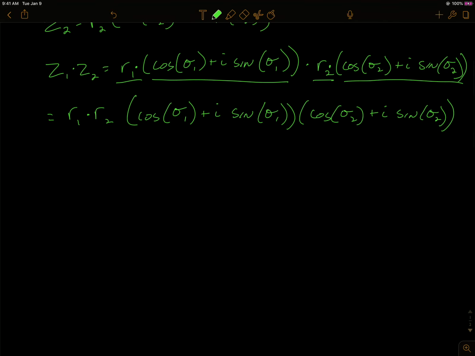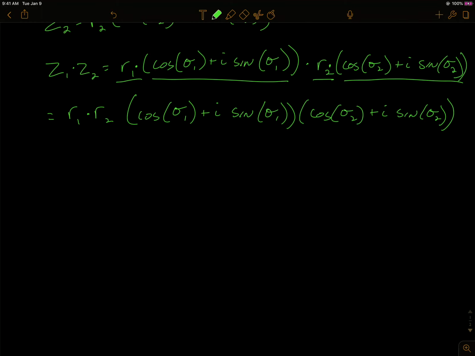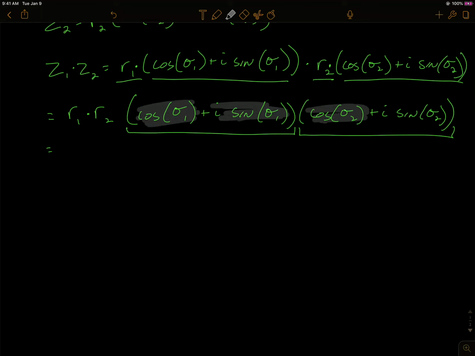All right, so now we look at multiplying these two factors together. Inside of there, I see two terms in each. Those are our terms. So we're going to distribute, do FOIL, right? We're going to multiply the first times the first and the first times the second. I'm going to try to write a little smaller so I can fit it.